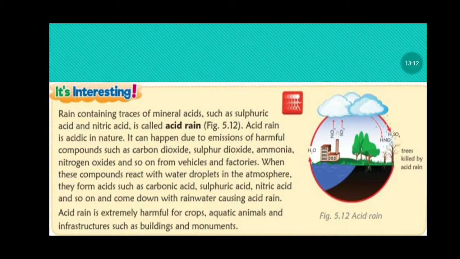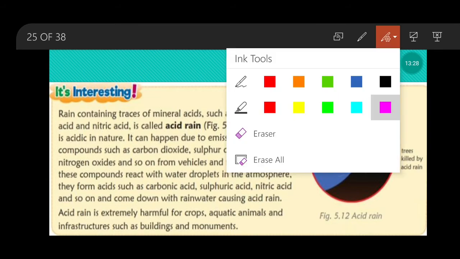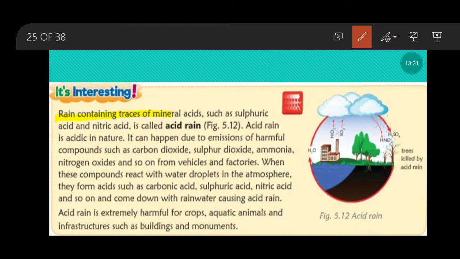Next, an interesting fact: do you know that sometimes rain contains traces of mineral acids such as sulfuric acid and nitric acid, and that is called acid rain? Means sometimes in the rainwater acids are present. Just mark this: rain that contains traces of mineral acids such as sulfuric acid and nitric acid is called acid rain. Acid rain is acidic in nature. It can happen due to emission of harmful compounds such as carbon dioxide, sulfur dioxide, ammonia, nitrogen oxide and so on from vehicles and factories.